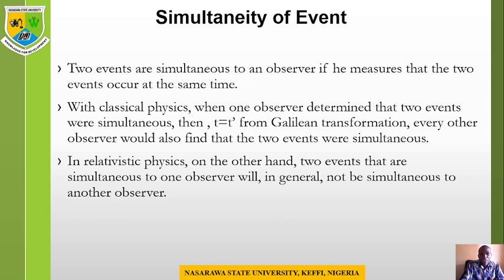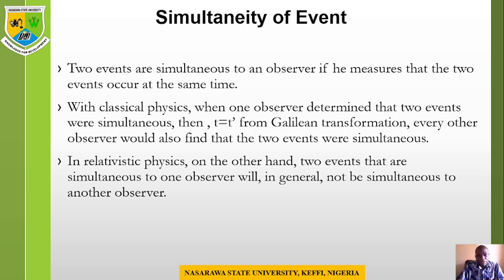Then the next thing is simultaneity of events. So two events are simultaneous to an observer if he measures that the two events occur at the same time. Here we are talking about the time coordinate now, because here we are considering space and time as being together. You cannot separate them.